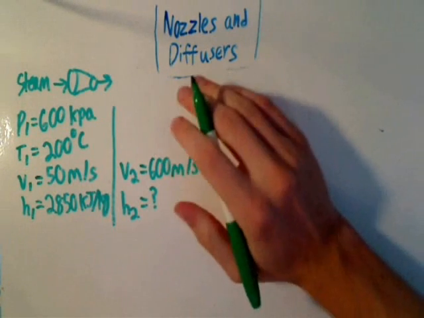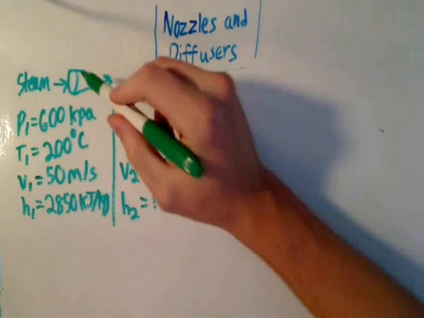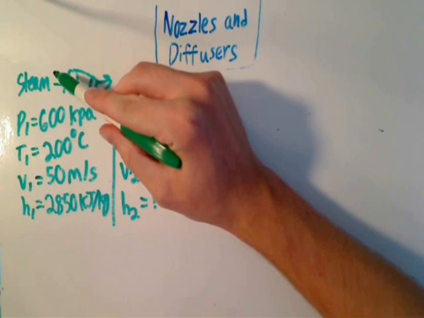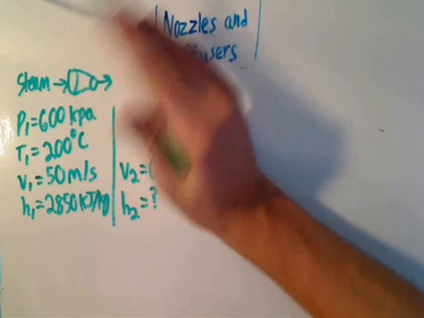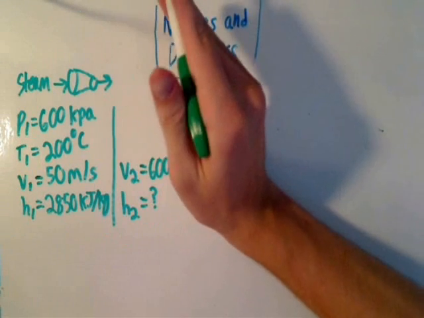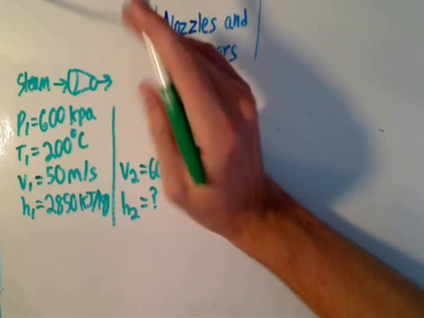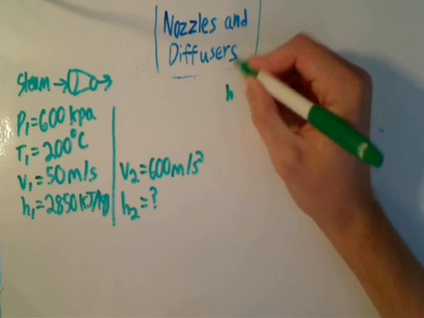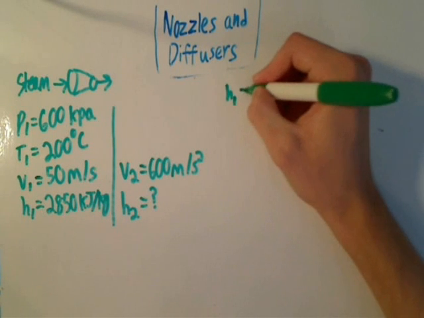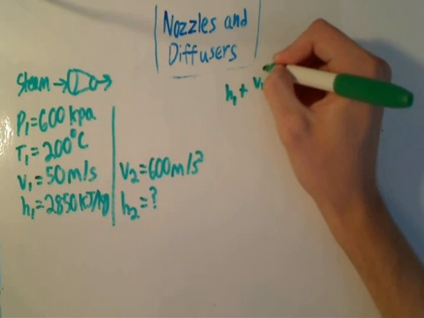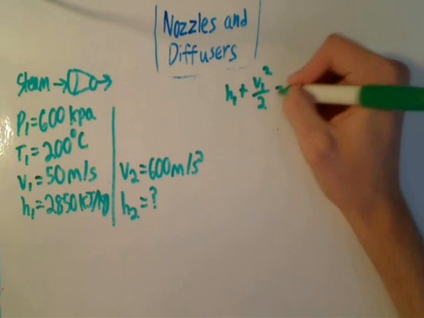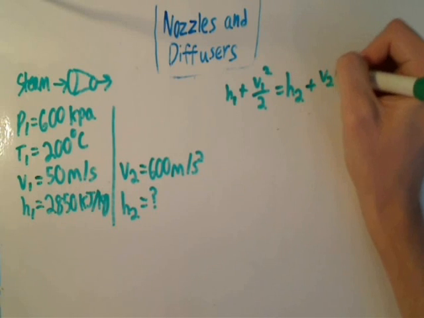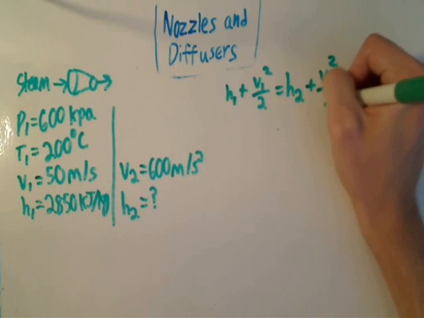Since I didn't say anything about the heat transfer between the steam and the walls of the nozzle, or any difference in height between the inlet and outlet, we can assume that those are negligible. Which means we can use the exact equation that I derived earlier in the video: H1 plus V1 squared over 2 equals H2 plus V2 squared over 2.